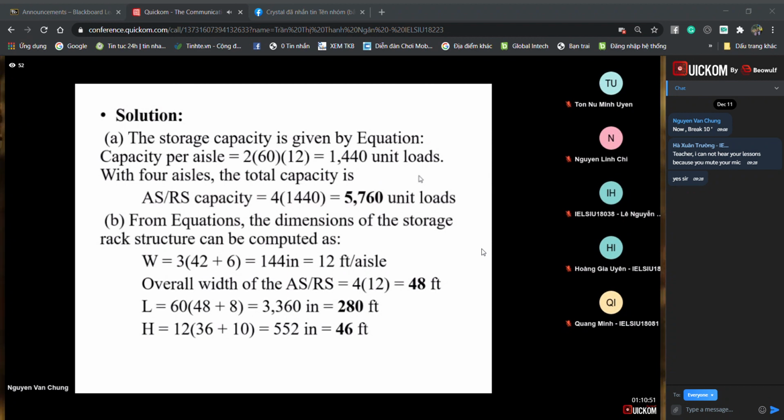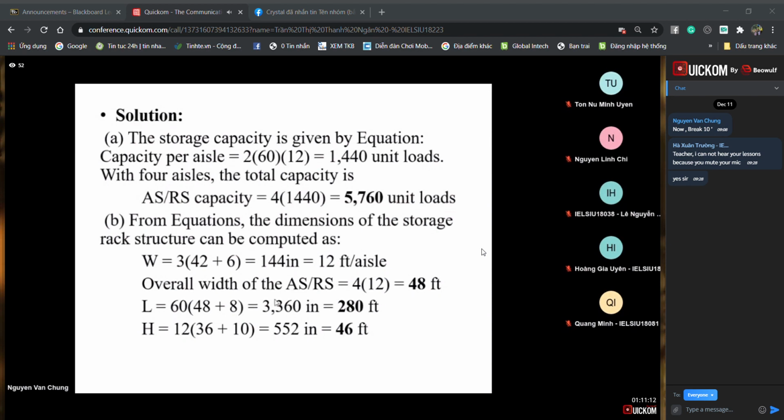From the equations, the dimensions of the store can be computed. So, like I said, you have the x and the height, and this is the y.